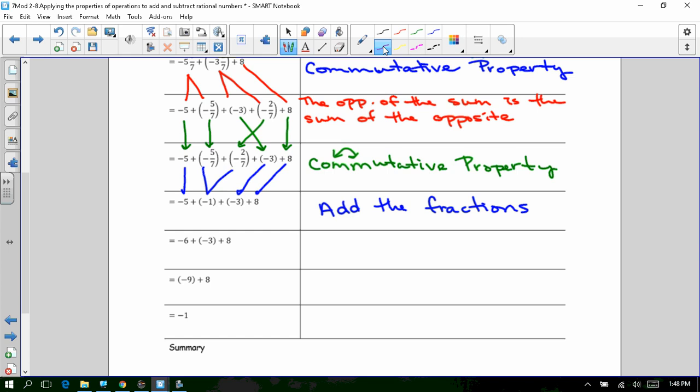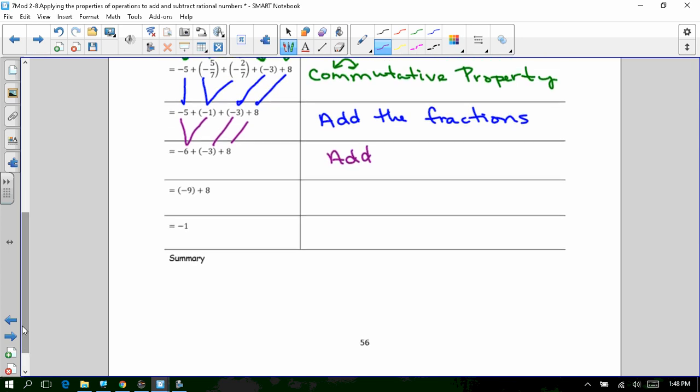Where'd -6 come from? Ah, -6 came from those two, didn't it? And everything else stayed the same. So again, he added. Now he's just kind of working his way across, isn't he? Using please excuse my dear Aunt Sally, he added again. Oh, the signs are different, right? And we add one last time.